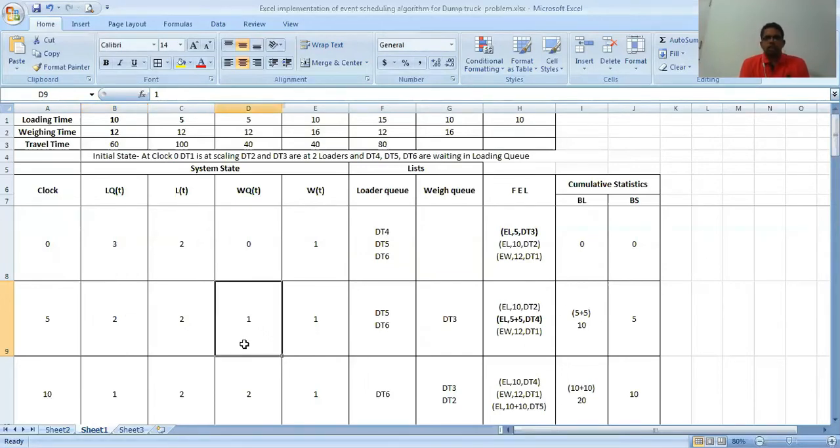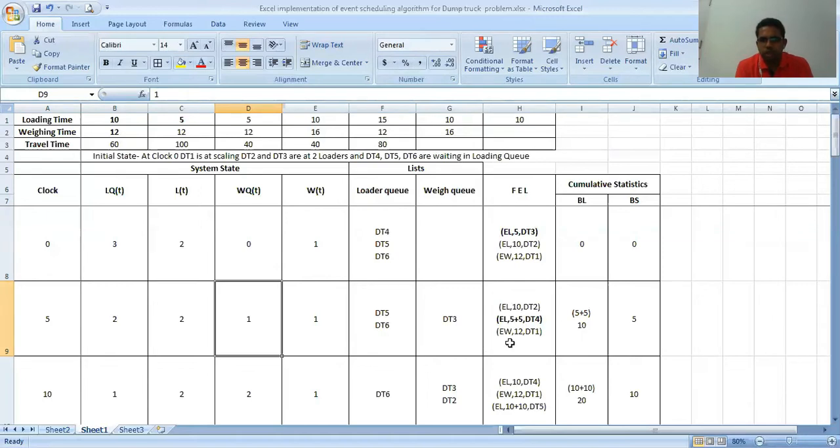The reason is the weighing machine has not completed its task with the previous dump truck. Therefore, the current dump truck has to wait for its turn. That's the reason dt3 has gone into the waiting queue of the weighing machine, and dt5, dt6 are in the loader queue.